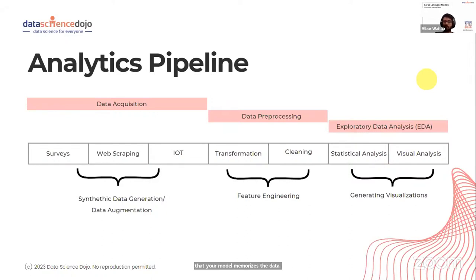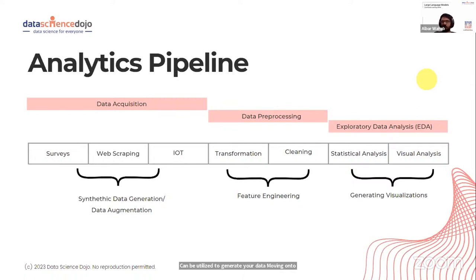So to deal with the absence of a good quantity of data, generative AI can be used to generate synthetic data, or take the existing data and augment it to generate new data. So in case there's an absence, you don't have to worry about it. Generative AI can be utilized to generate new data.